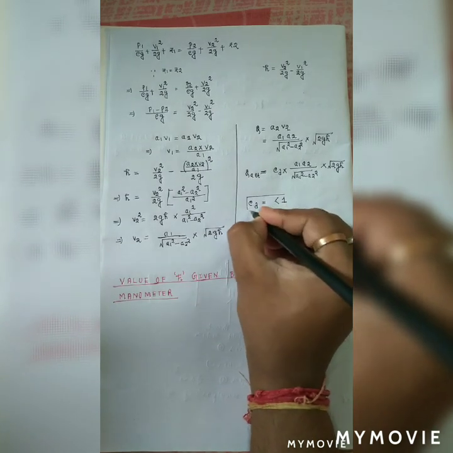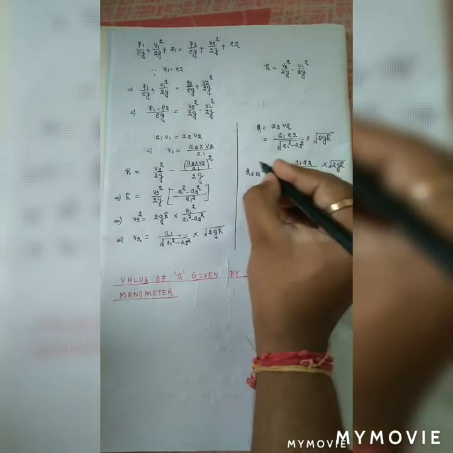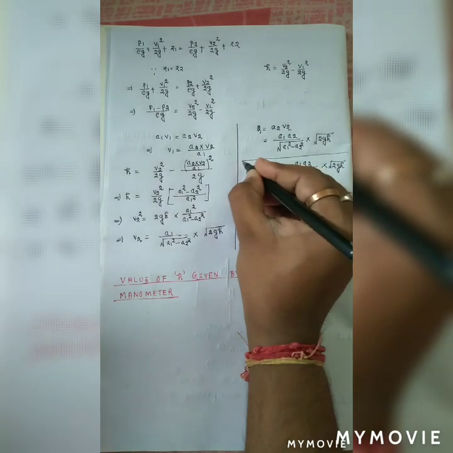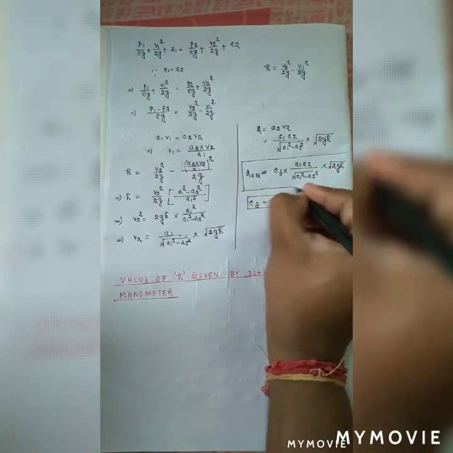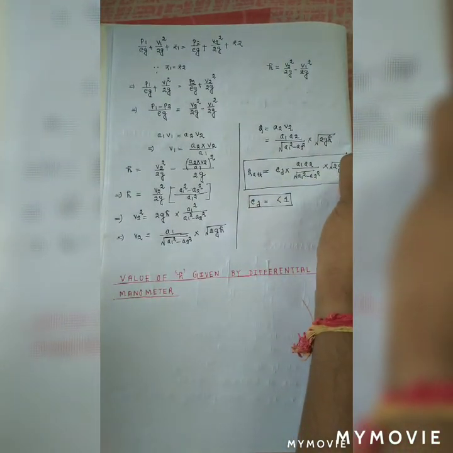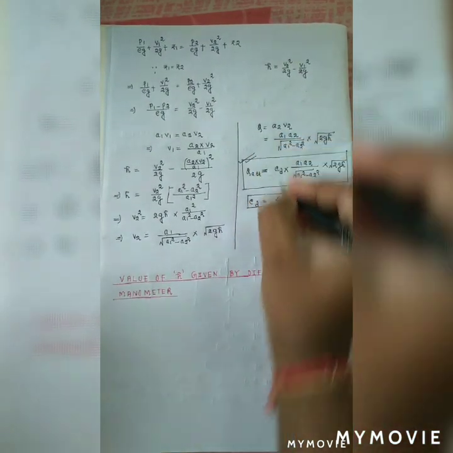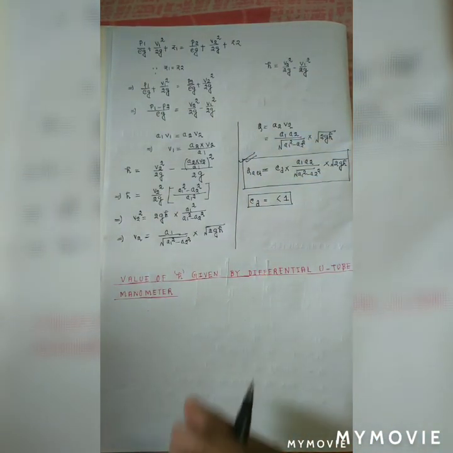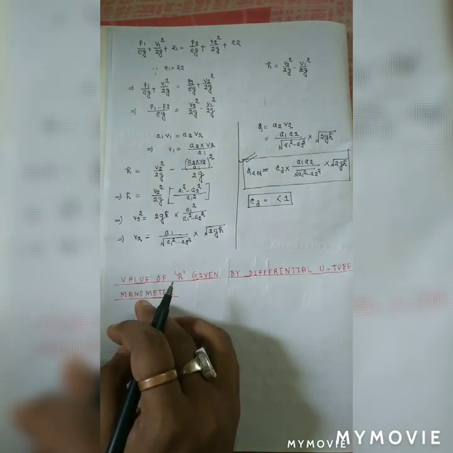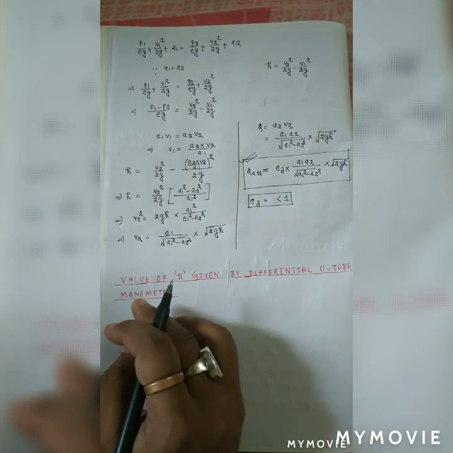So this is a very important equation for venturimeter, and Q actual equal to Cd into a1 a2 by root over a1 square minus a2 square into 2gh. Try to memorize this equation.